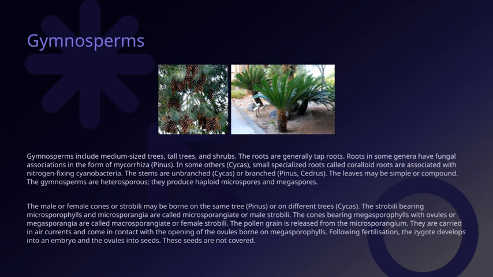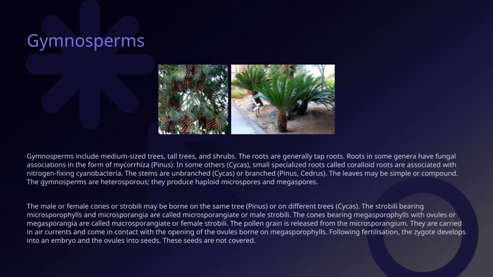In others, such as Cycas, specialized roots called coralloid roots are present, which house nitrogen-fixing cyanobacteria, playing a crucial role in nitrogen fixation. The stems of gymnosperms can be either unbranched, like in Cycas, or branched, as seen in Pinus and Cedrus. Their leaves can be simple or compound, adapted to their environments.